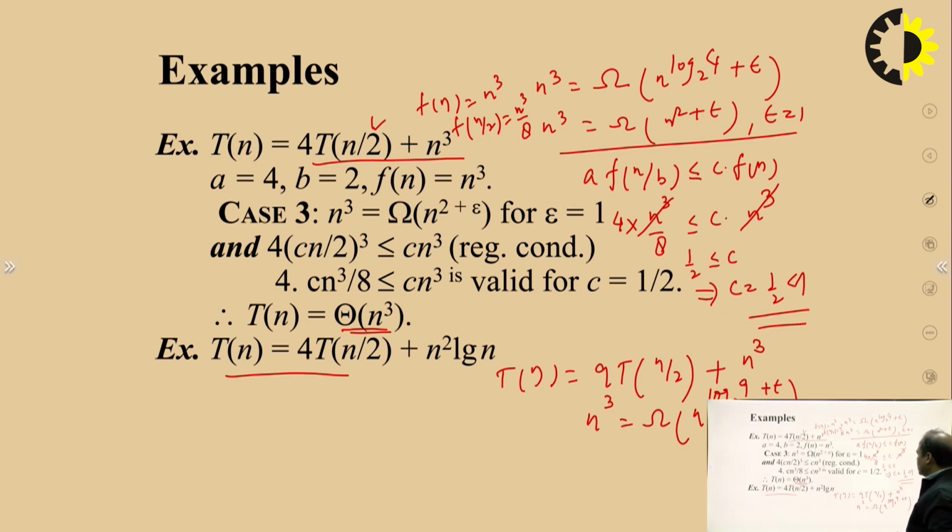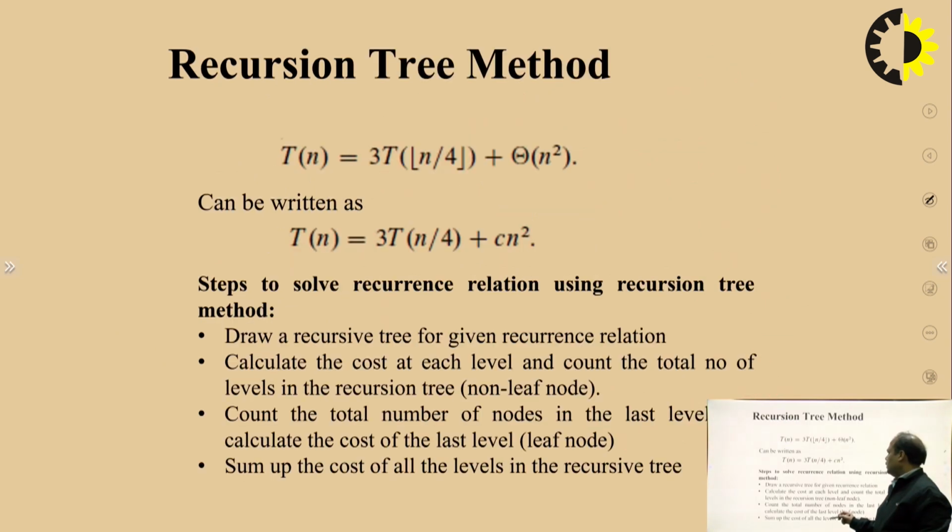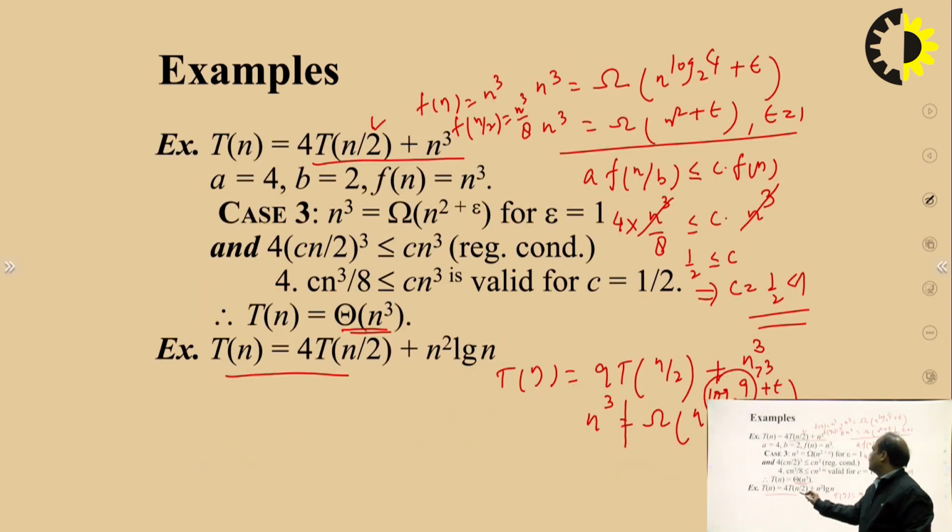So let's see whether case 3 is applicable over here. Log 9 base 2 is definitely greater than 3, because log 8 base 2 is 3. So this case is not applicable. That means case number 3 is not applicable. You can see here this is another method, n square log n, so this is going to be case number 2 of the master method.